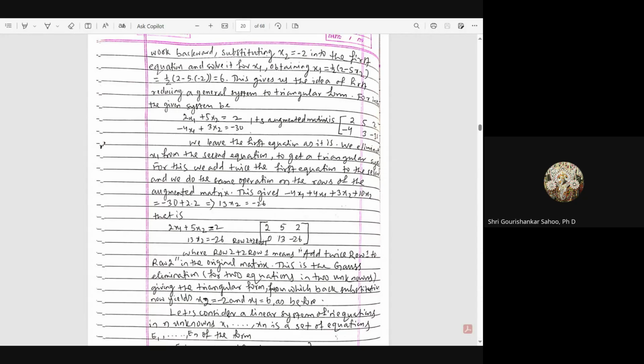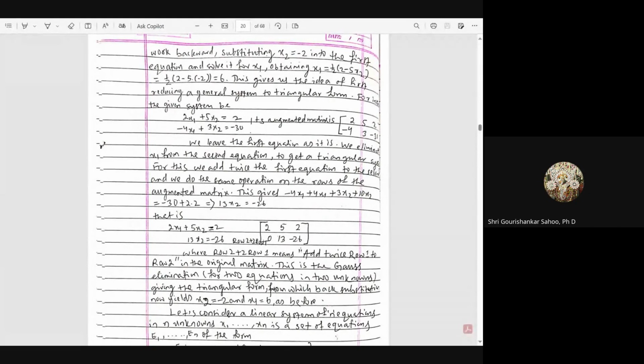The second row will be transformed like this: -4x1 and +4x1 cancel out, 10x2 + 3x2 is 13x2, and 4 + (-30) is -26. Now arranging in matrix form, you have 2, 5, 2; 0, 13, -26. It is the triangular form of the matrix.